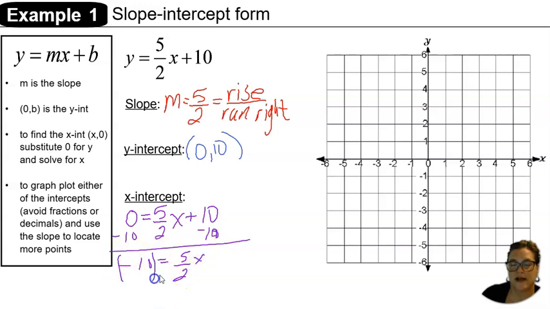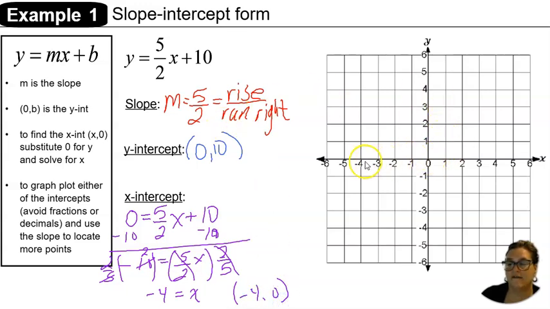Now I'm going to multiply both sides by the reciprocal of 5/2, which is 2/5. So my 2/5 and my 5/2 cancel, leaving x by itself. On the other side, 5 goes into 10 2 times, and 2 times negative 2 is negative 4. And so my x-intercept is going to be (-4, 0).